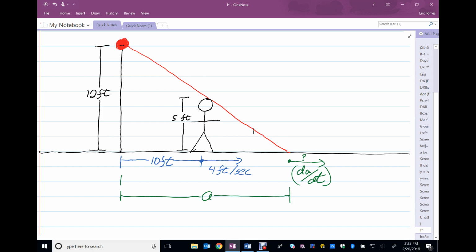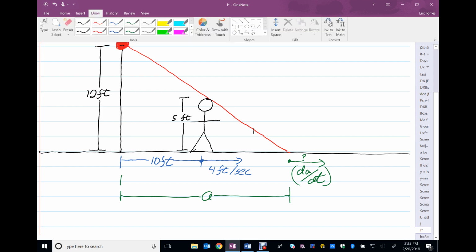So in this case, I'm going to use some trigonometry or geometry, depending on how you want to look at it. And I'm going to label some other pieces of the graph.